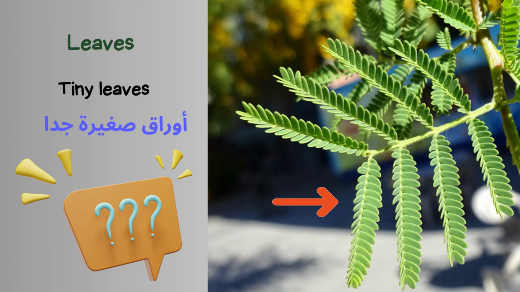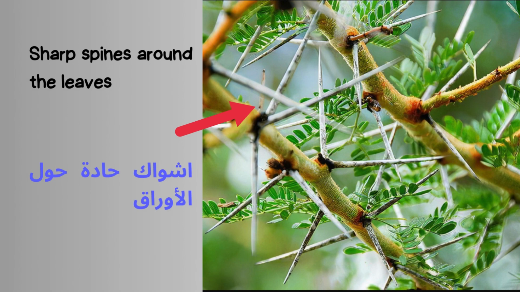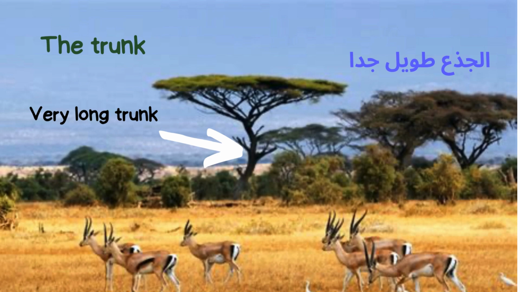So this is the first note that we observed here. Also, we see sharp spines around the leaves, so the leaves are tiny and there are sharp spines around them, okay? If we look at its trunk, as you see here, this is the trunk, a very, very long trunk for the acacia tree.